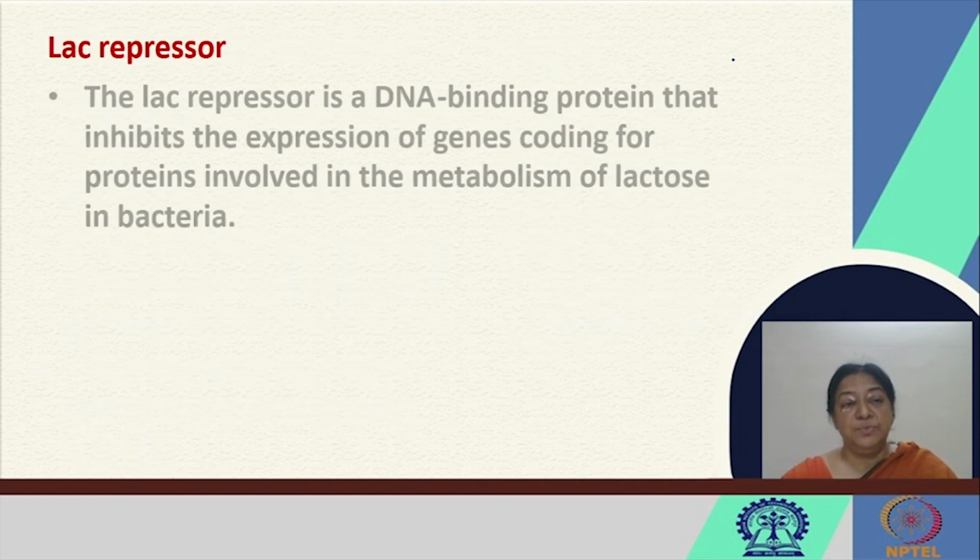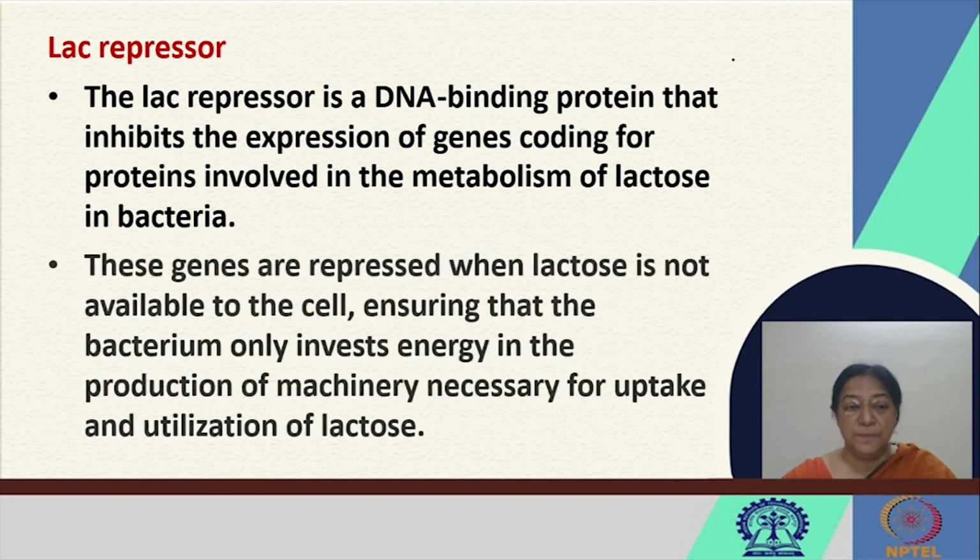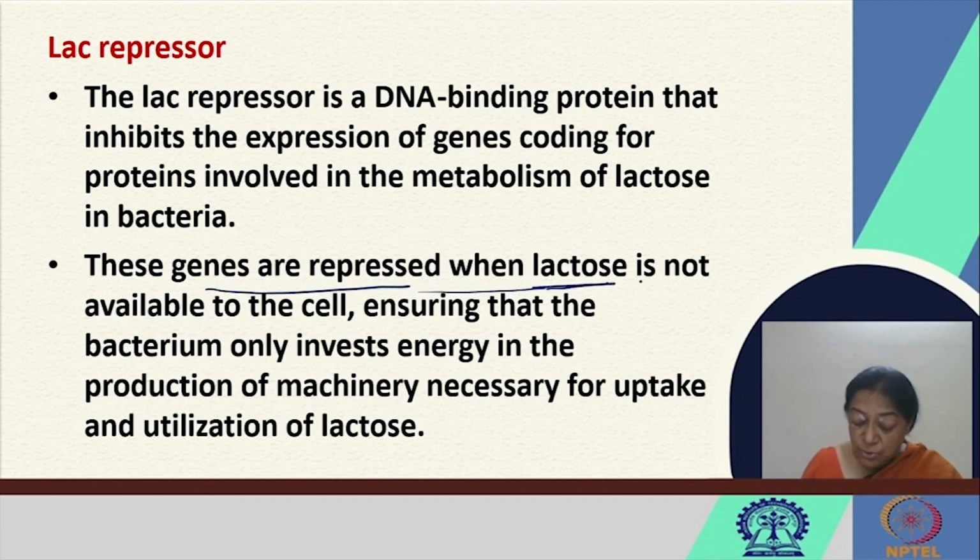The lac repressor protein is a DNA binding protein that inhibits the expression of genes that code for the proteins involved in the metabolism of lactose in bacteria. Now, these genes are repressed when lactose is not available to the cell.